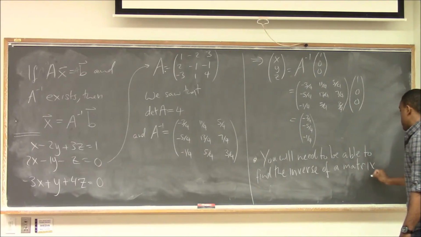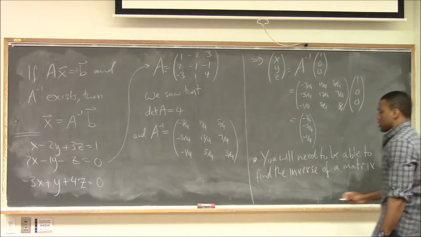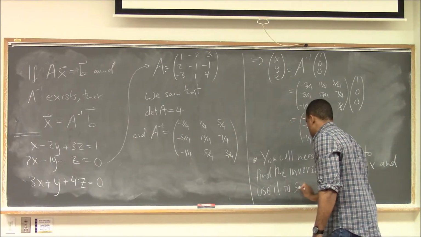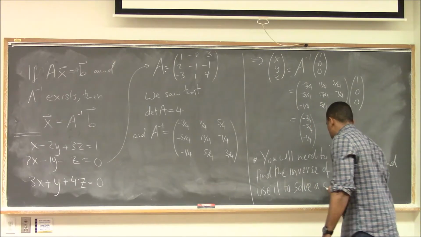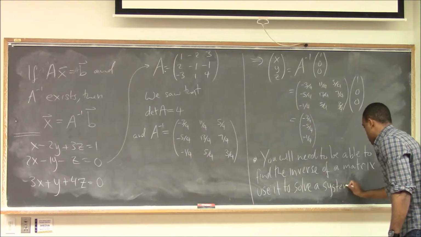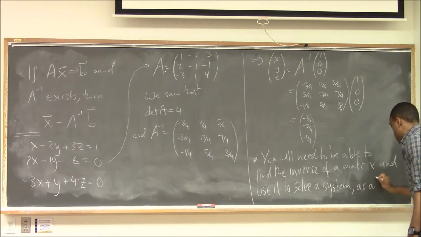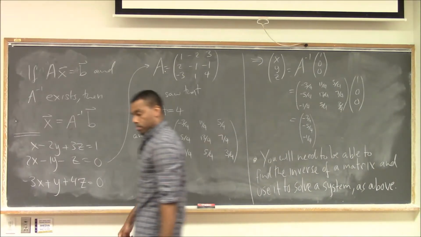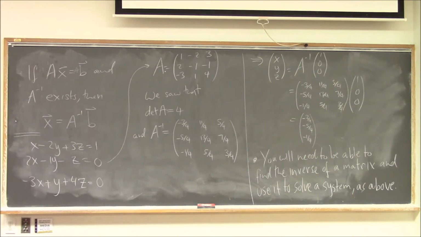It's usually going to be a 3 by 3, and use it to solve a system. There are many uses of the inverse, but that's the use that we'll use for it. Pretty much the only things we're doing in linear algebra are the things that help us to solve systems. So we don't really care about anything else, which is not what linear algebra is about, but that's kind of what we care about.